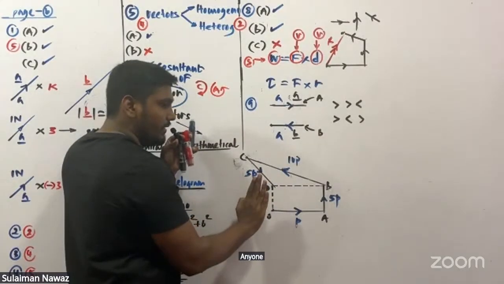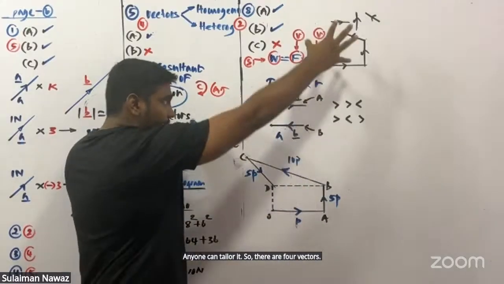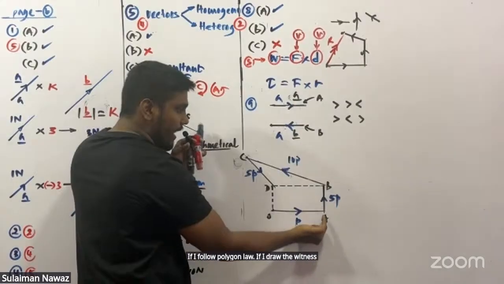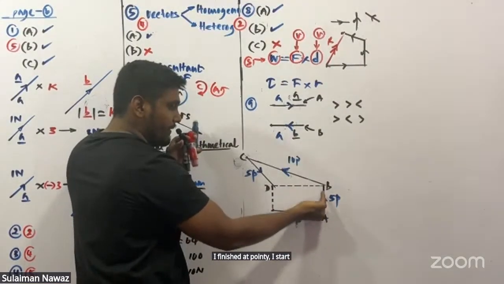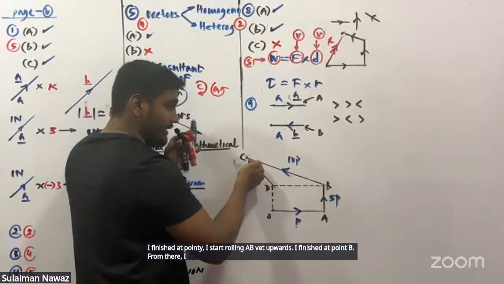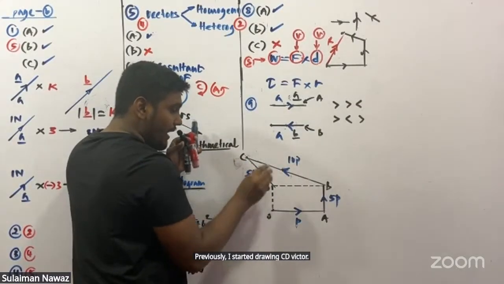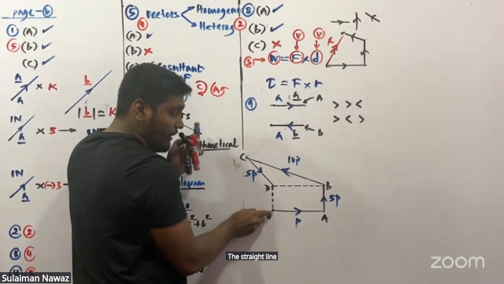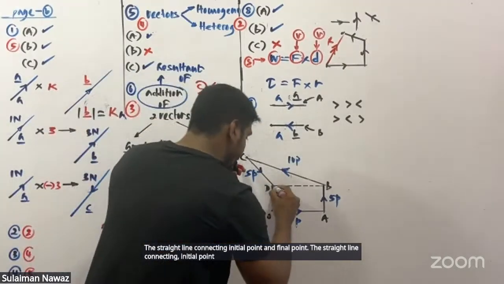Anyone can tell. Sir, there are four vectors. If I follow polygon law, I draw vector OA to the right, finishing at point A. I start drawing AB upwards, finishing at point B. From there I draw BC, then at point C I draw CD, finishing at point D. Then, as you taught us, the straight line connecting the initial point and final point is going to be the resultant.